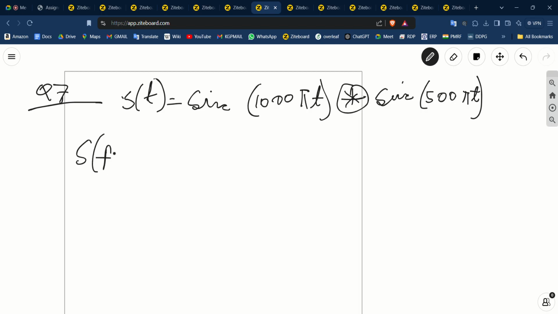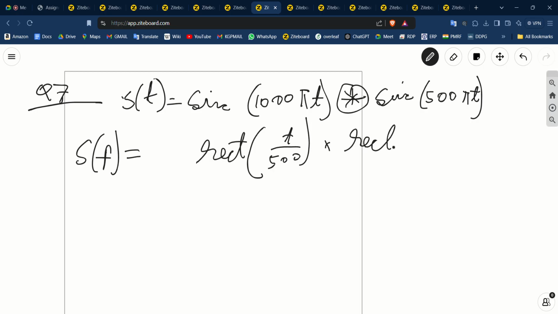If you take it in the frequency domain, it will be a rectangle t by 500 into rectangle t by 250.